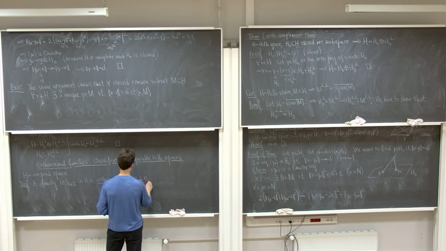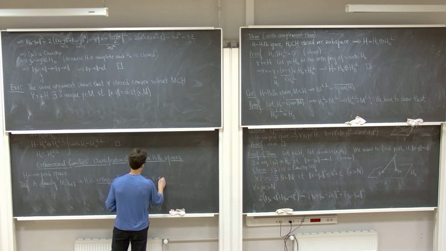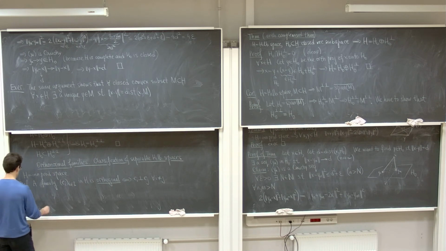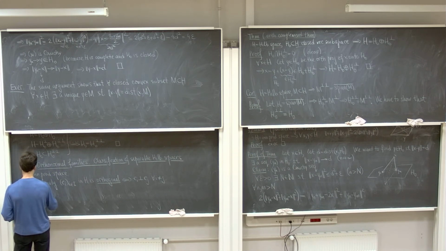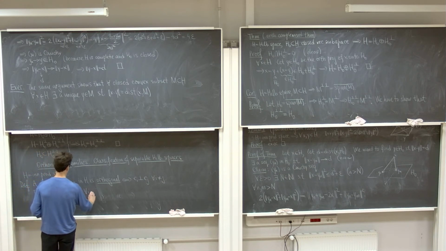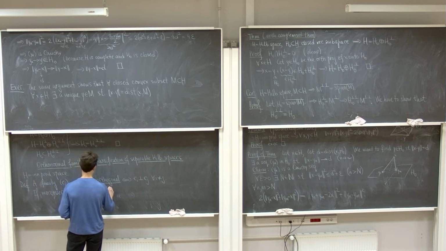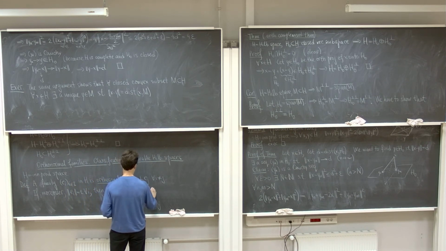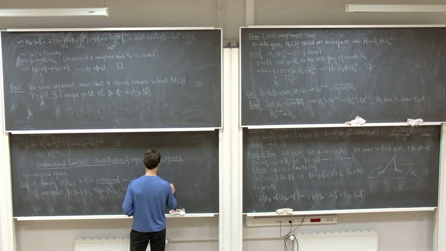That is, e_i is orthogonal to e_j whenever i is not equal to j. And if, moreover, the length of each vector e_i is 1, then we say that e_i is an orthonormal family. Let's abbreviate this as ON.